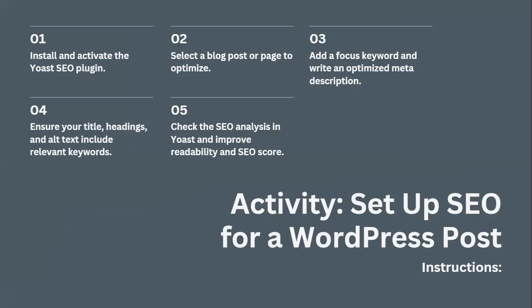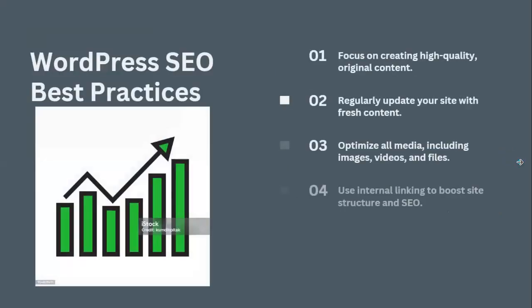Ensure your titles, your headings, and alt text include relevant keywords. Then check your SEO analysis and improve the readability and SEO score. So these are what you're going to do based on what you've learned today. Ensure that you set that up.